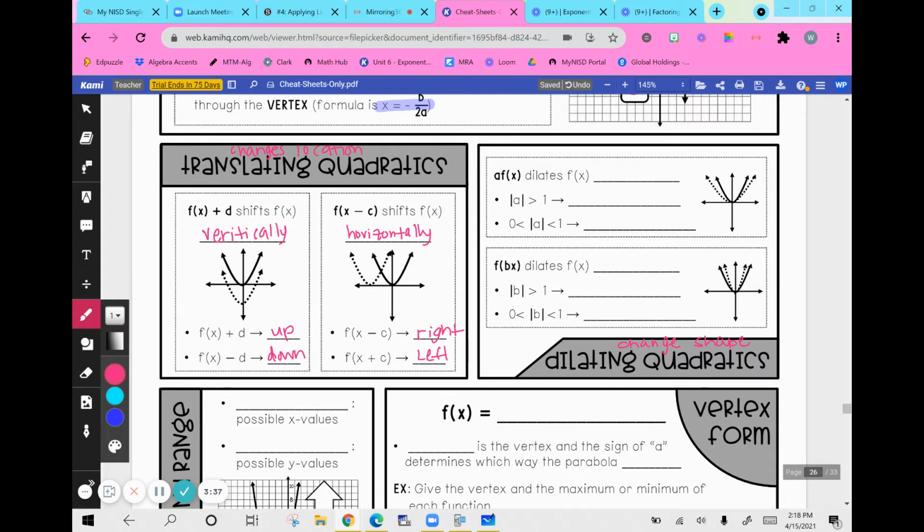So a times f of x dilates f of x vertically because that change is happening outside the parentheses. Okay, so when you have the absolute value of a, meaning that the negative is a reflection, we don't care about that when we're talking about dilations, but if that a value is bigger than 1, it stretches or becomes more narrow.